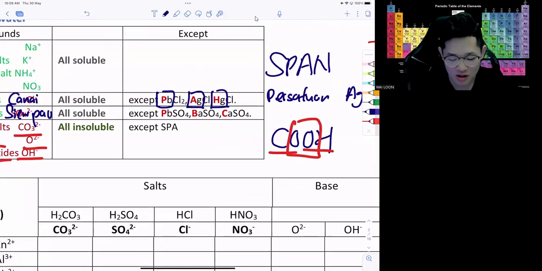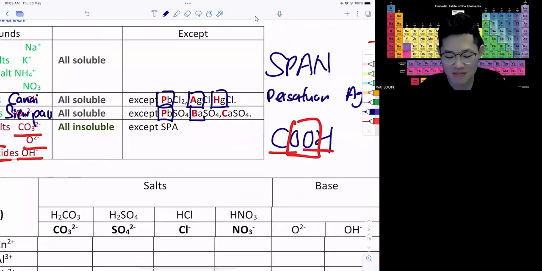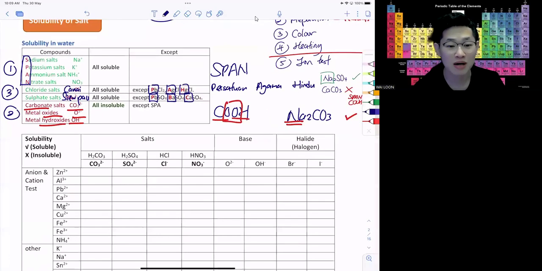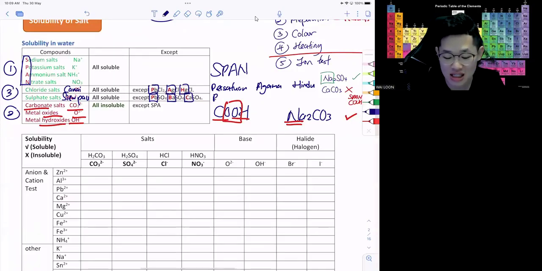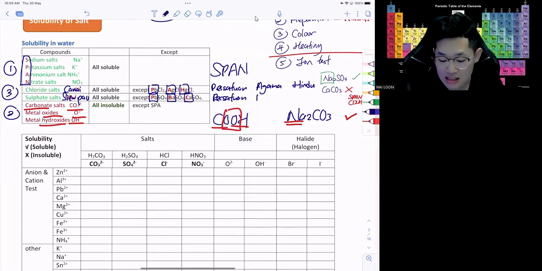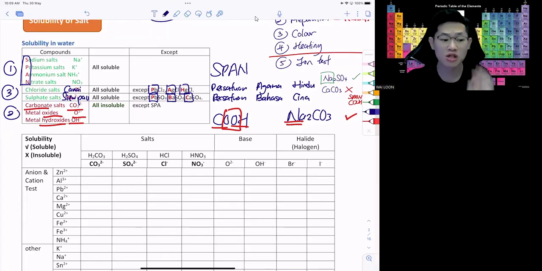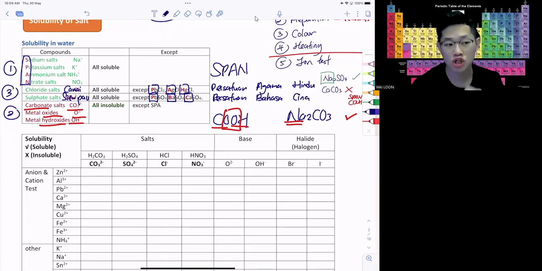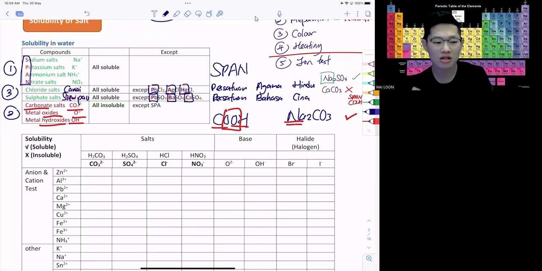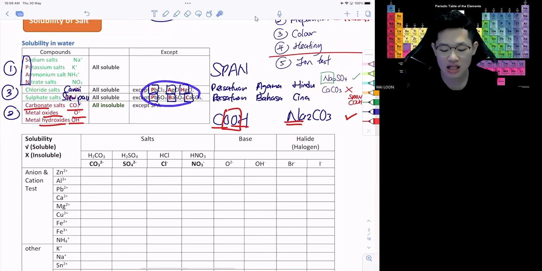The exceptions are Pb, Ba, Ca, which we call Persatuan Bahasa Cina. So when Persatuan Bahasa Cina is paired with siu bao, they are insoluble. If Persatuan Agama Hindu is paired with roti canai, they are insoluble. So everything here, they are insoluble.